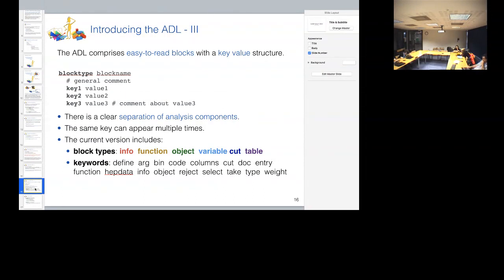There is a block called object, whose purpose is to describe the transformation, the creation of an object type. For example, you may have an object that is a list of things called electrons, and the output of the block might be clean electrons. The block will describe how electrons are transformed into clean electrons, for example.